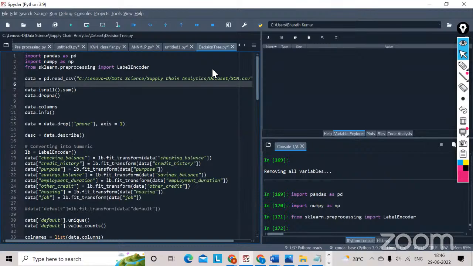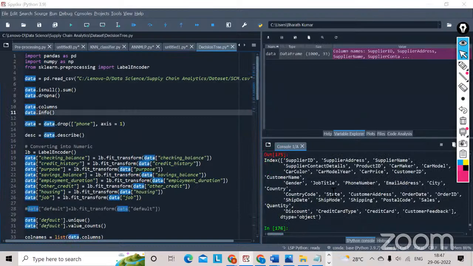So these are the columns that I have. See, these are the columns that you see in the console.